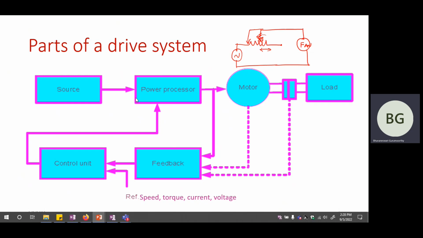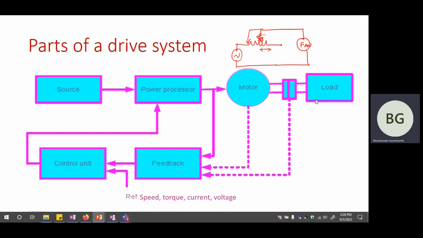So the power converter sends the voltage and current to the motor, and the motor now converts that electrical energy into mechanical energy. The mechanical energy is manifested in the form of speed and torque. Now, there will be a coupling mechanism or conversion mechanism between the motor and the load.